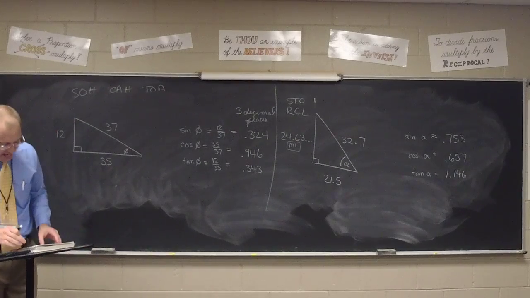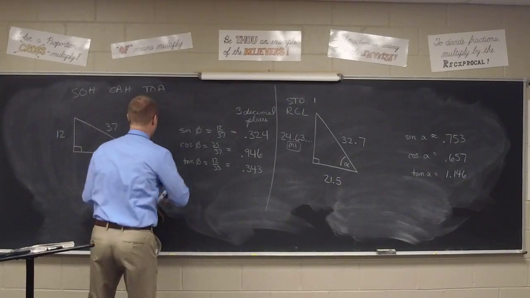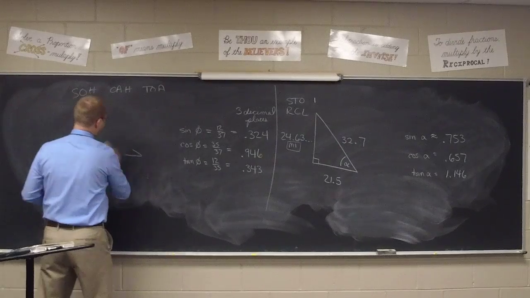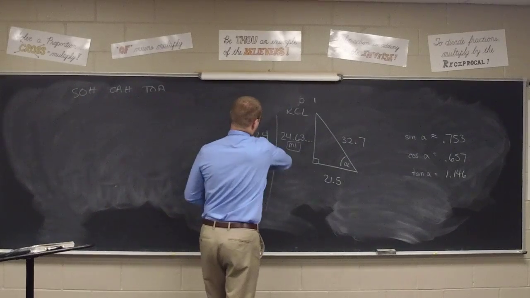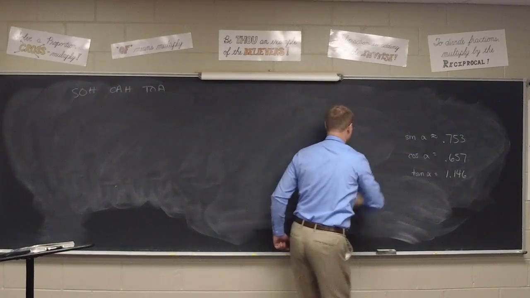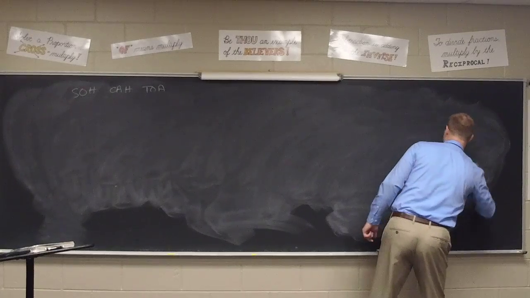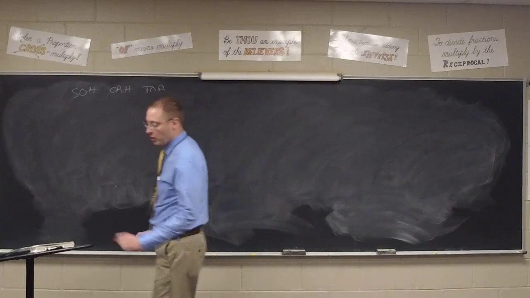Let's dabble with our special triangles again, though, and let's combine this idea of sine, cosine, tangent with special triangles. On your paper, go ahead and draw a 30, 60, 90. Go ahead and label the lengths.